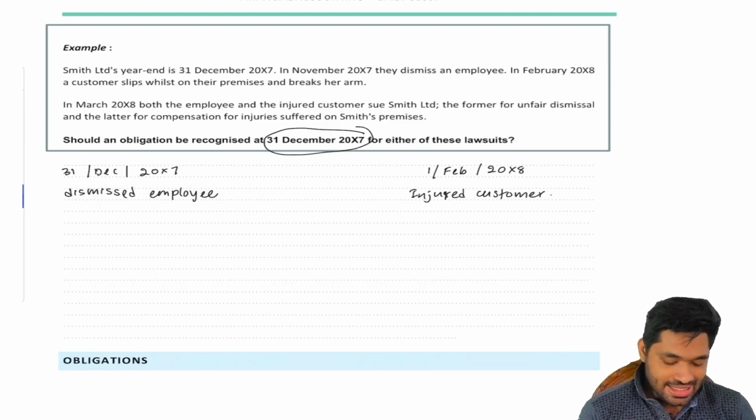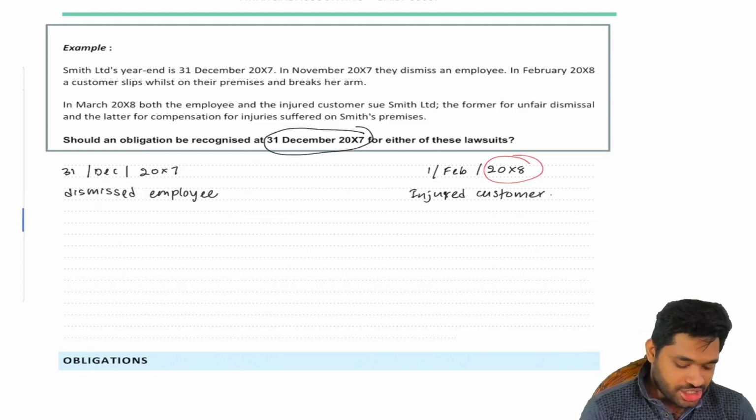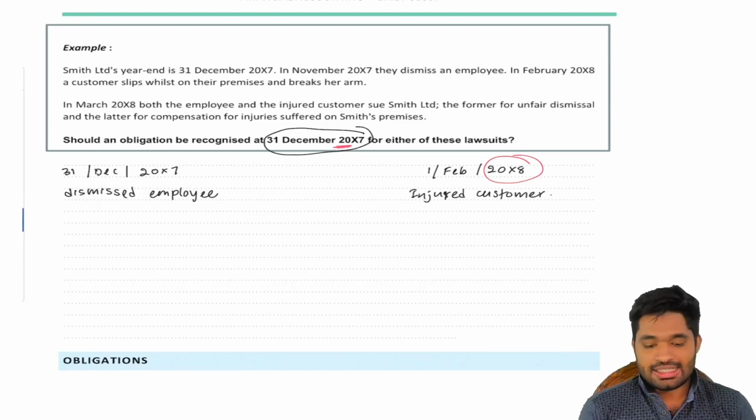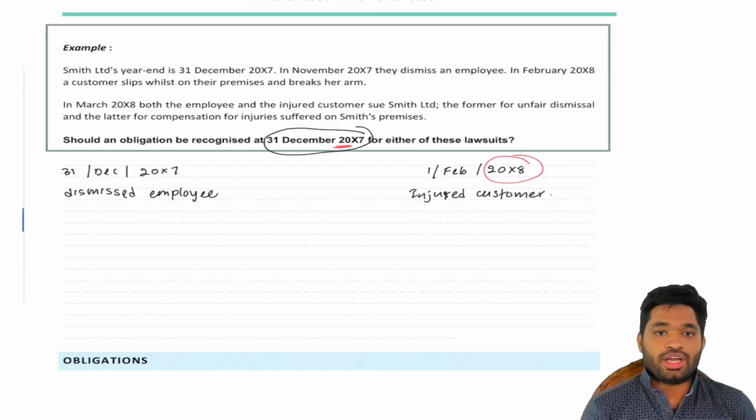Now guys, this incident occurred where the customer was injured in 2008. Your financial year end is 2007. So as of 31st December 2007, the incident had not occurred. Right? So as of 31st December 2007, Smith does not have an obligation. The past event has not occurred.